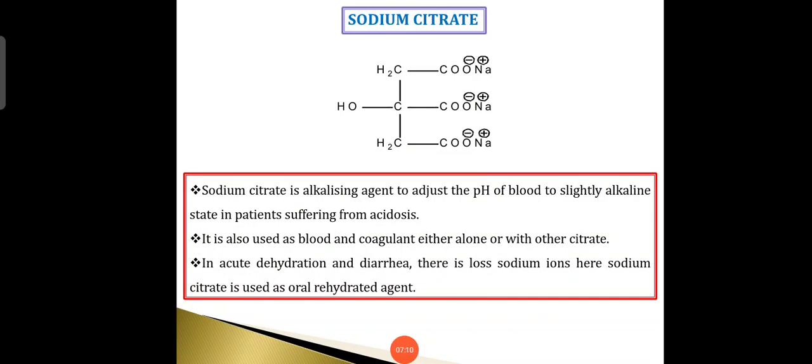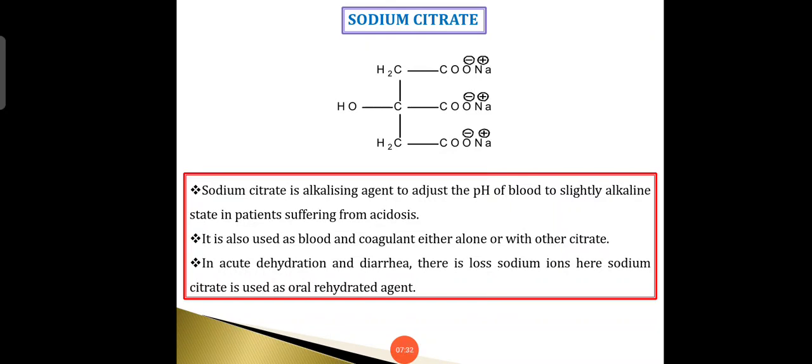Next parapharmaceutical reagent is sodium citrate. So this is the structure of sodium citrate. This medication is used to make the urine less acidic.